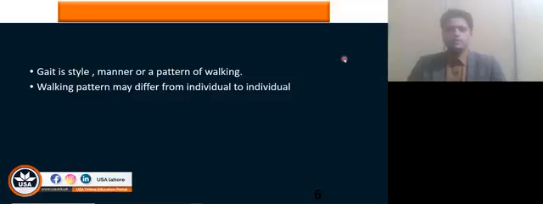Now, this particular movement or sequence is termed as the gait cycle. This bipedal locomotion is actually a cyclic activity consisting of two phases for each of the limbs, a stance phase and a swing phase.